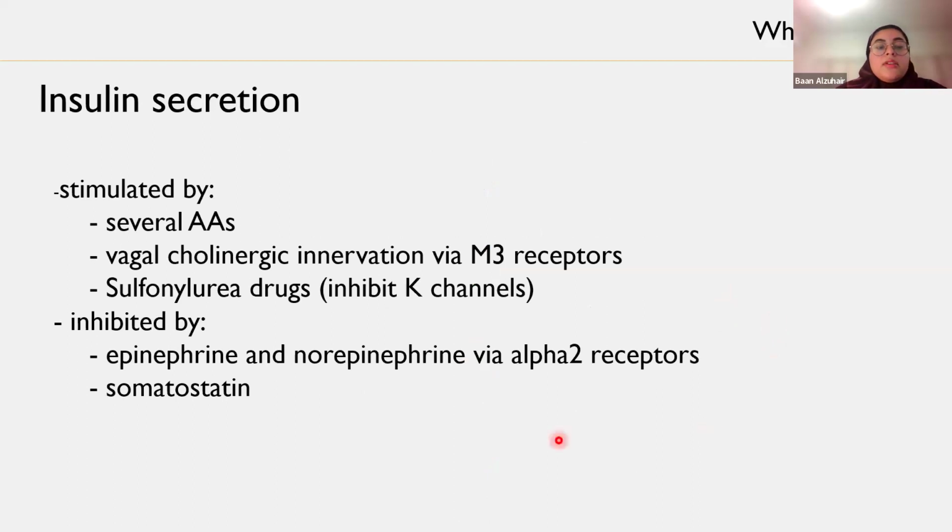Okay. So insulin secretion, as I said, the main stimulator is blood glucose, but it's also stimulated by other stuff, such as several amino acids. Not all amino acids trigger insulin secretion, but several can do that. Vagal cholinergic innervation via M3 or muscarinic 3 receptors, and also sulfonylurea drugs. These sulfonylurea drugs inhibit potassium channels.